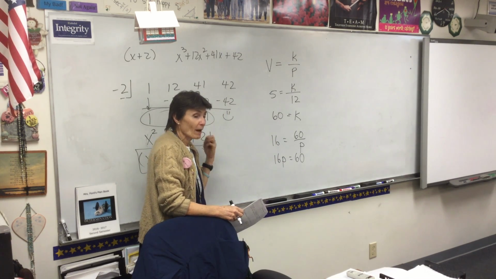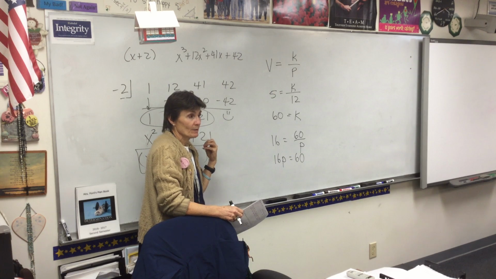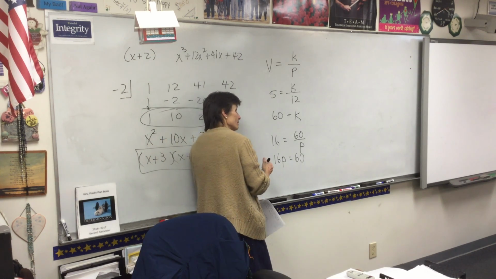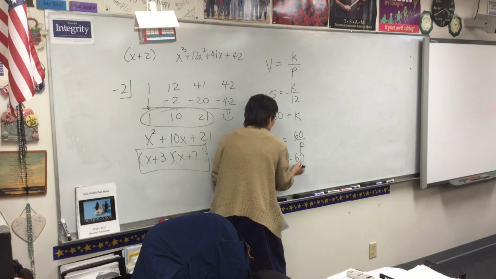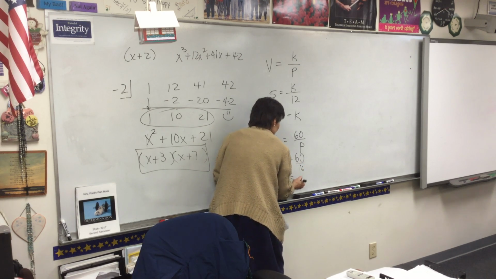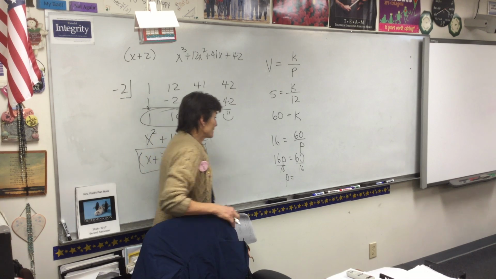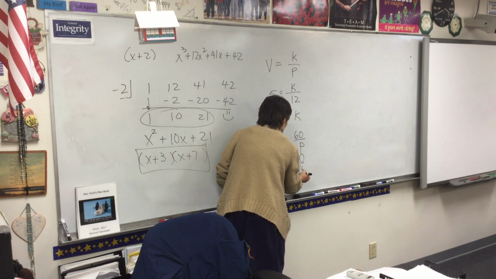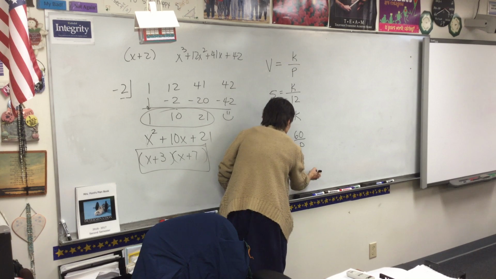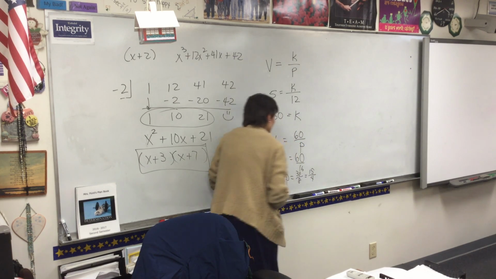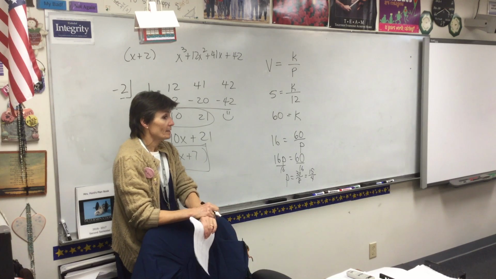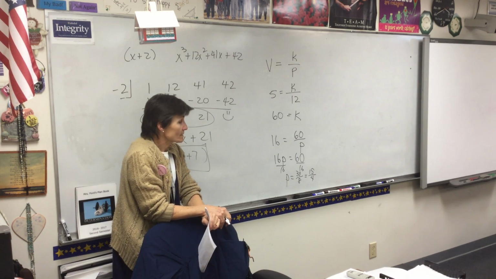Multiply by P, no fraction anymore. Then you can see you're going to get a fraction back because you have to divide by 16. So those are both divisible by 2 and divisible by 2 again. So the answer would be 15/4.